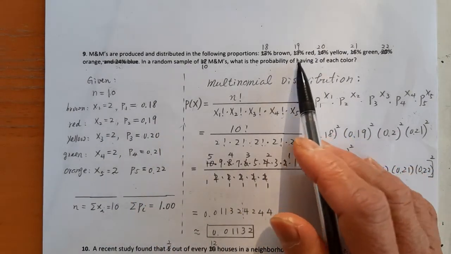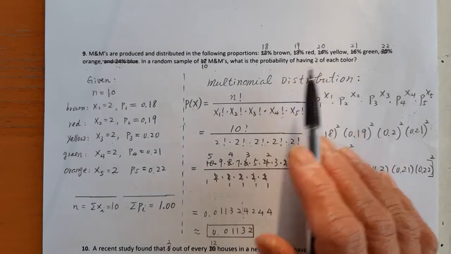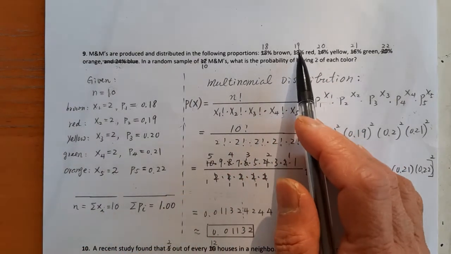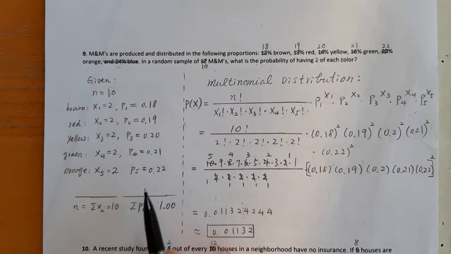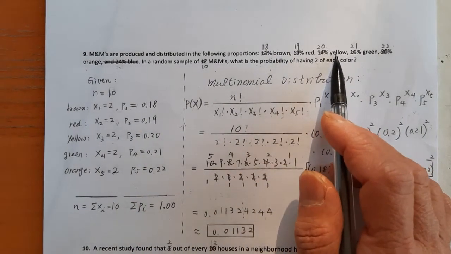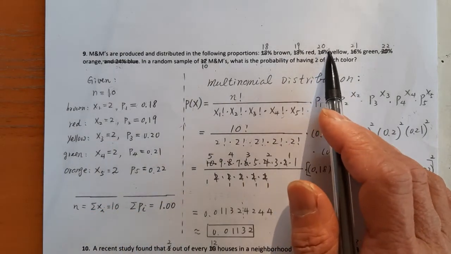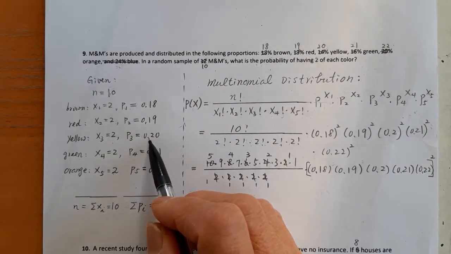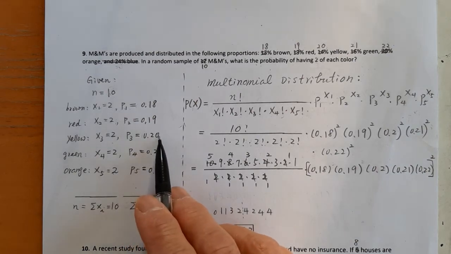For the red color, also choose 2, so x2 equals 2. p2 is 19%, 0.19. Then for the yellow color, x3 also equals 2. p3 is 0.20, and you can drop the last 0.